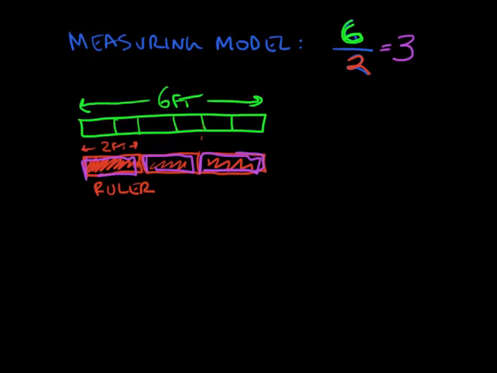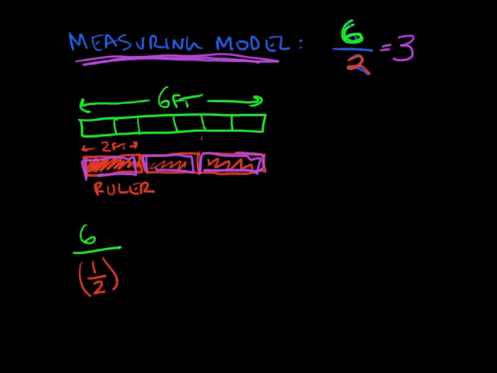Now this is a very nice model, the measuring model, because we can use it to make sense of dividing by fractions. For example, if I wanted to do 6 divided by 1/2, that's really kind of hard to imagine. What does that mean?